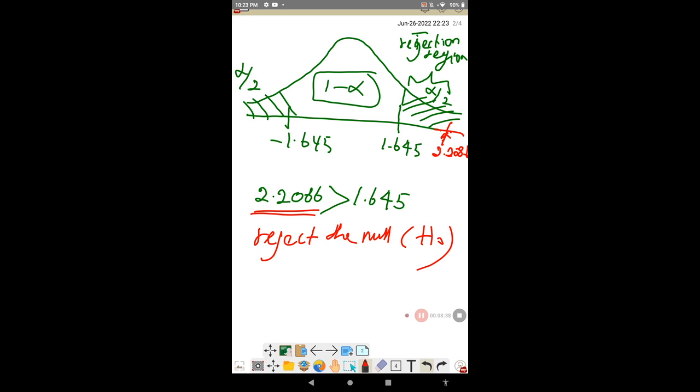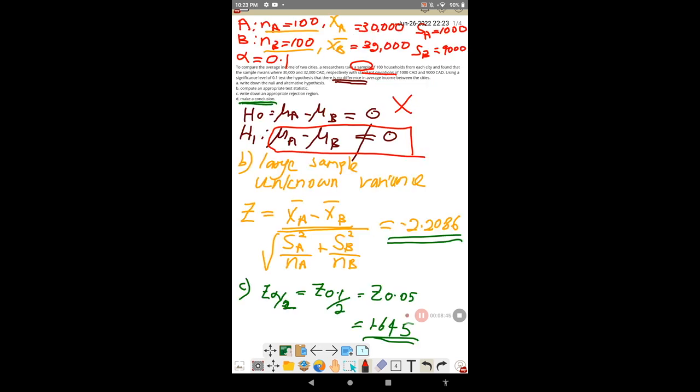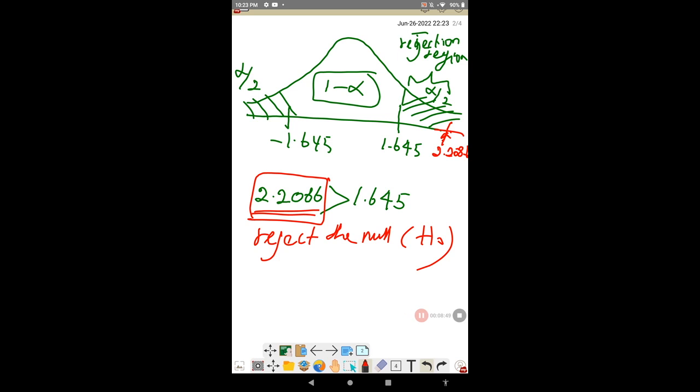In here we use only the value, the number, not the sign. Here we got minus 2.2086, but we compare only 2.2086. We don't care about the sign when we conclude the final answer. We care only about the value.